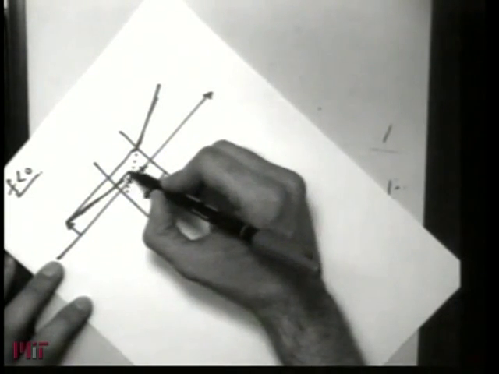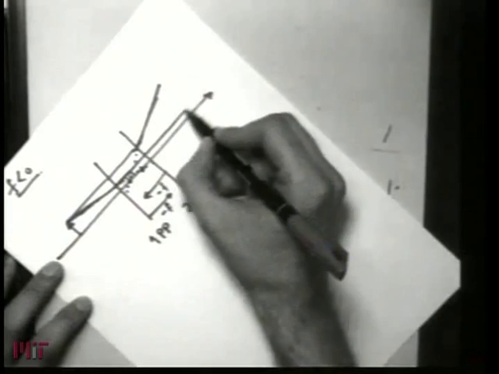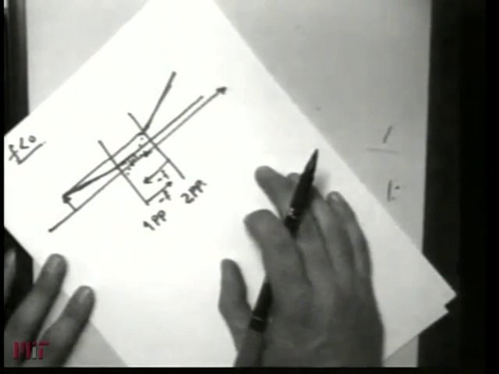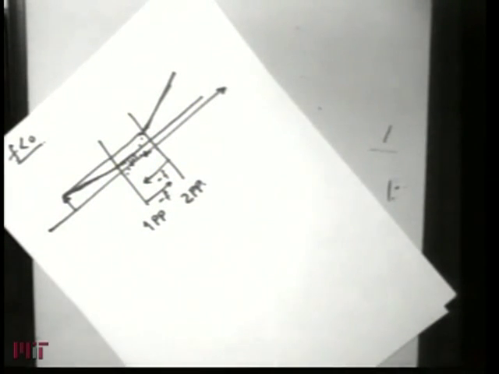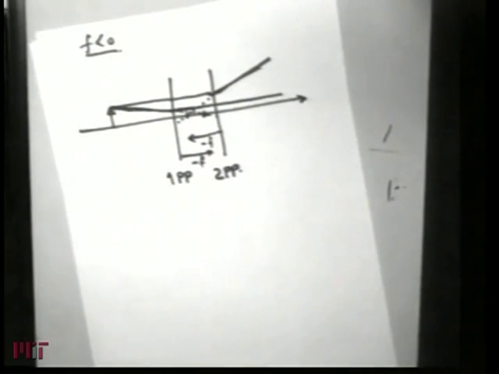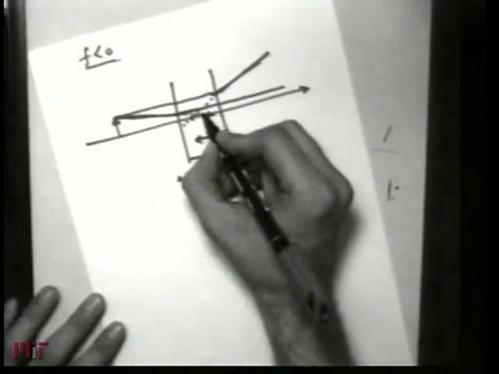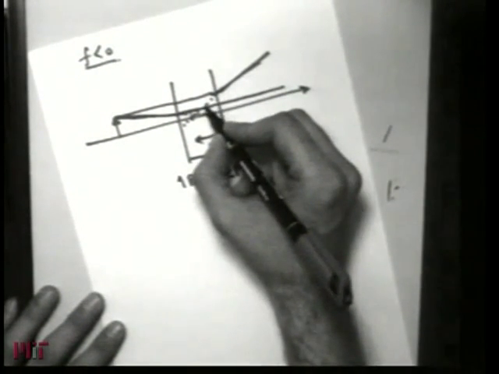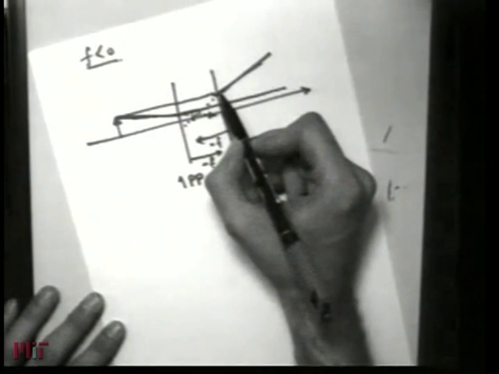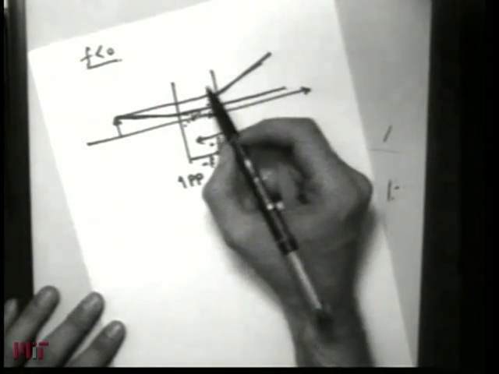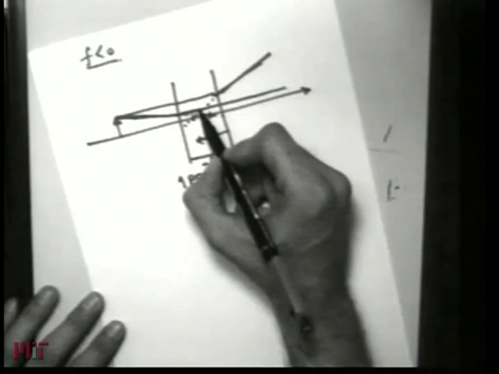And then, so where is the image? That's right, the image is actually where these rays are supposed to meet. They never quite meet, but I have to extend one of them backwards, so they would actually meet here.